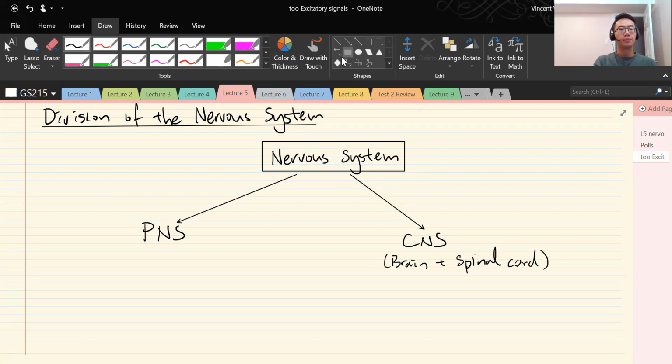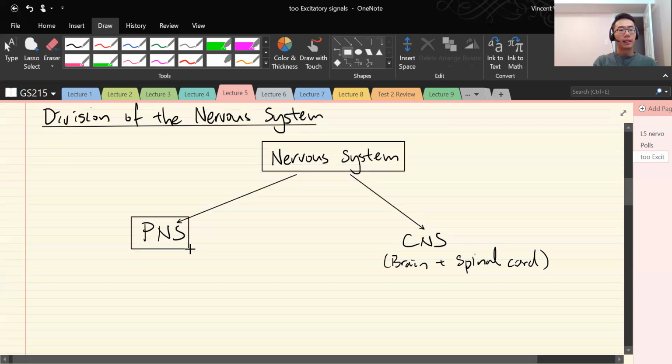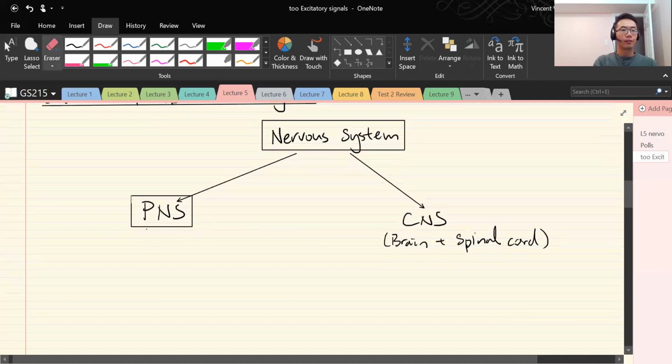Now, the PNS is further divided into two branches.